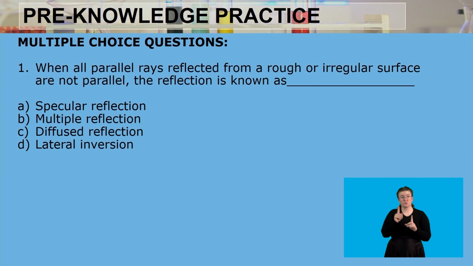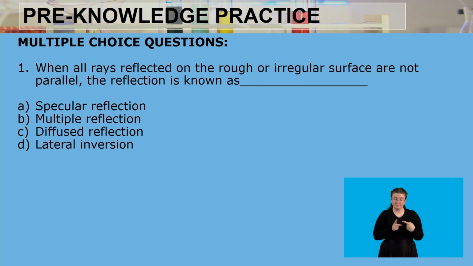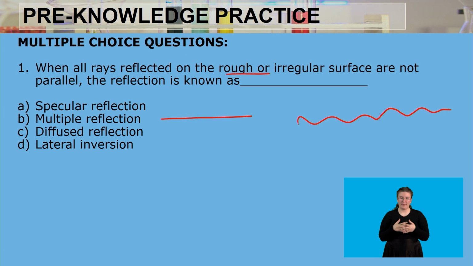So, with what we know, can we then answer the questions that we have here? These are the multiple choice questions that we need to answer based on the information that we already have. The question given to us says, when all rays reflected on a rough or irregular surface are not parallel, the reflection is known as. So what we need to remember here about these two reflections is, we can either have a smooth surface or we can have a rough or irregular surface.